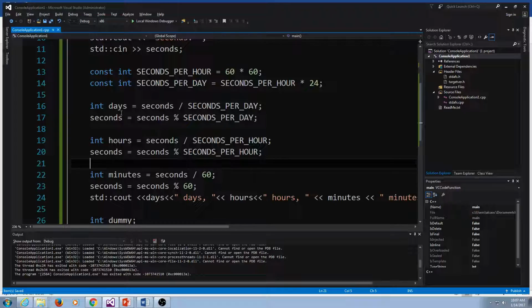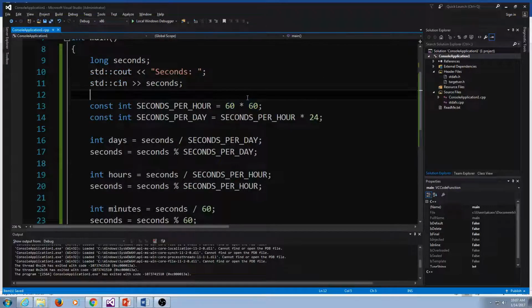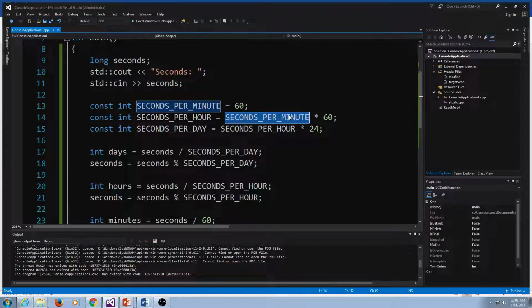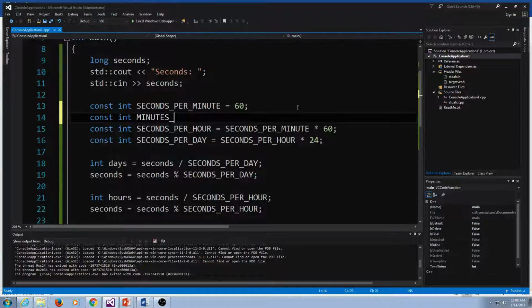Okay. That's it. These two can also be symbolic constants if you want them to. Like that.